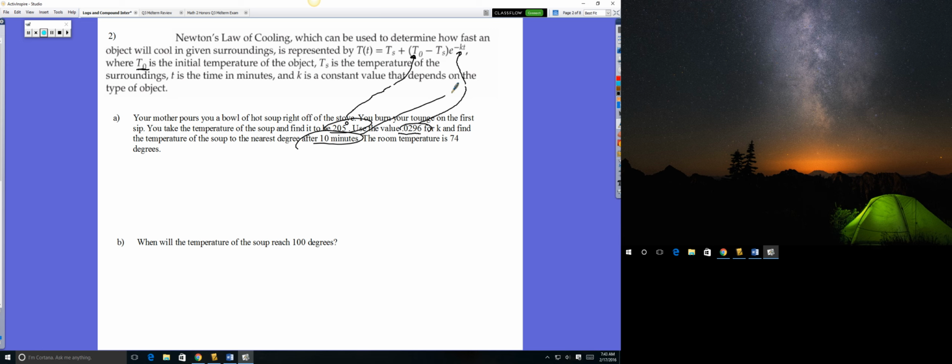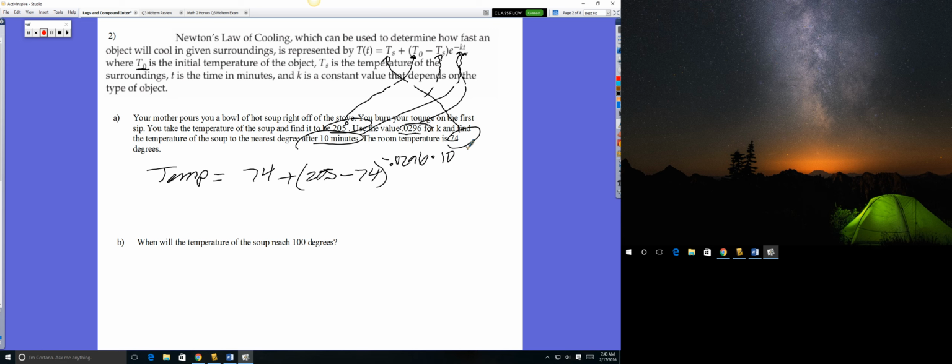10, that's time. That's our t. The room temperature is 74. That's T sub S, temperature of the surroundings. 74 goes there and there. So the temperature of the soup after 10 minutes is going to be T sub S, 74 degrees, room temperature, plus the temperature of the soup, now 205, minus the room temperature, 74, raised to the, since it's cooling, it's getting colder, it's going to be a negative 0.0296 times 10.